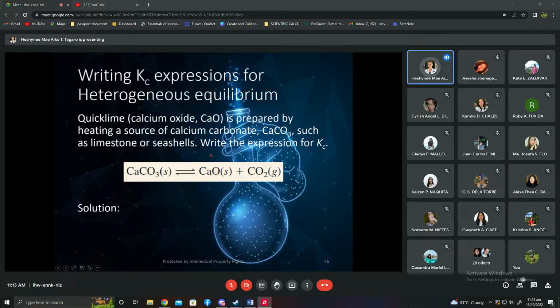Oh, so ang lantawon lang naton is the carbon dioxide here. Diba la? So, walay na ni si calcium carbonate kag si calcium oxide. So, Kc expression will look like this. Yun. Just the concentration of carbon dioxide.